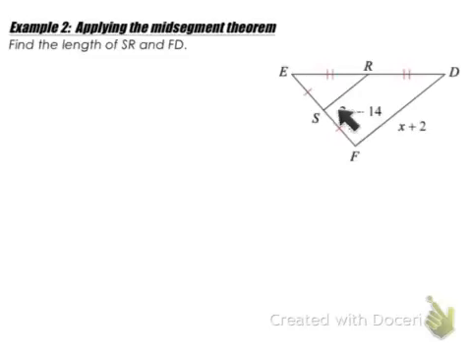But we know that SR is the midsegment, so SR is half the length of FD. We have to take that concept and write an algebraic equation to represent that idea.